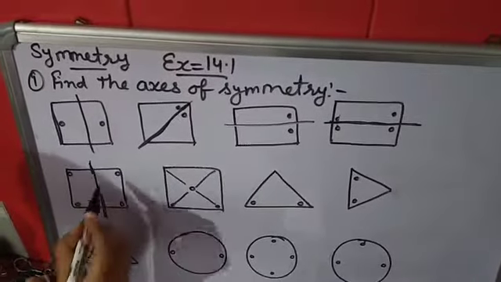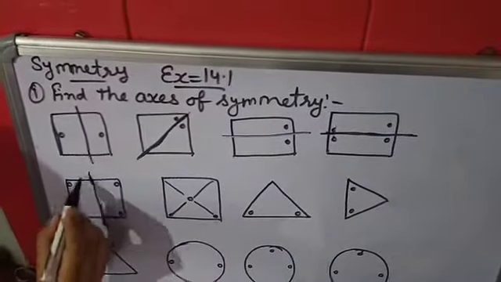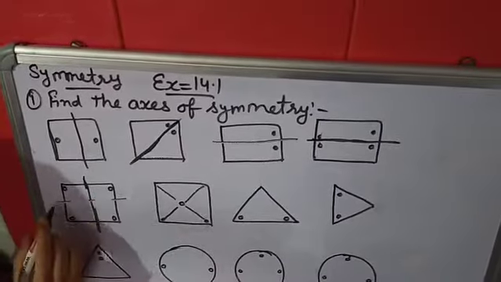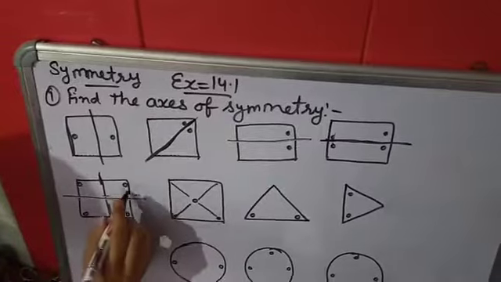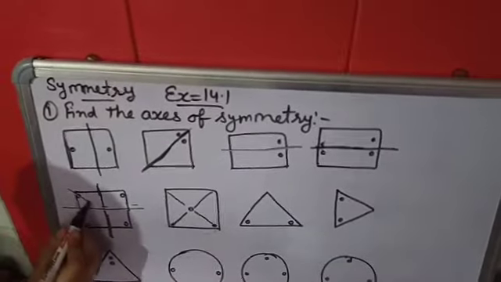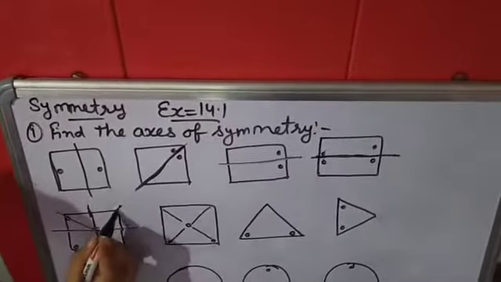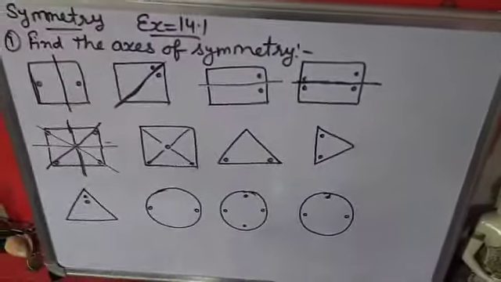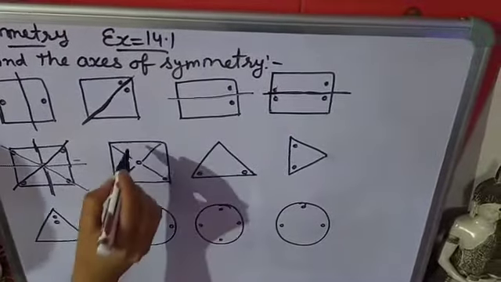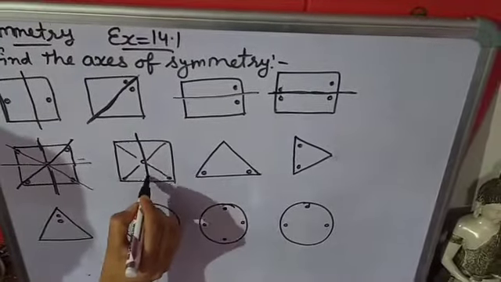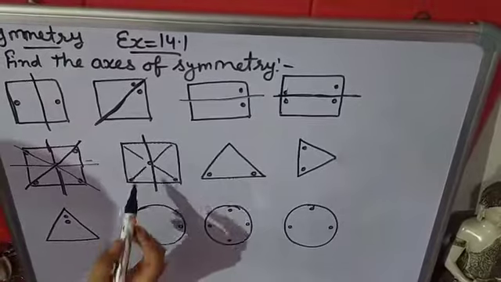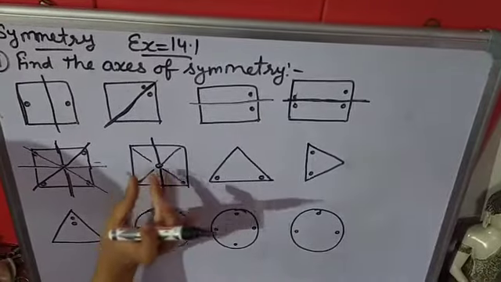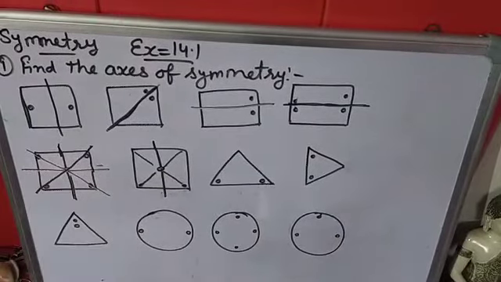Because there are 4 punched holes, 1, then 2, then 3, and the last one is 4. Okay, now 4 are there. In this, only one axis of symmetry will come. Look, from this circle, only one. Then this part and this part will be equal.